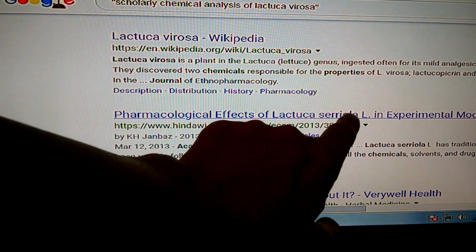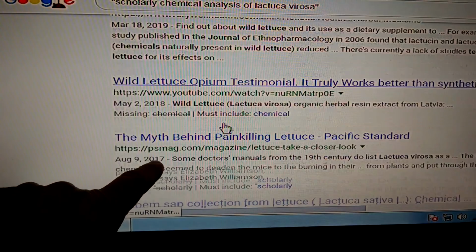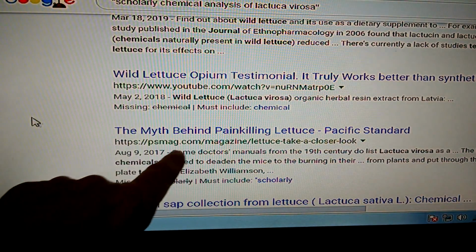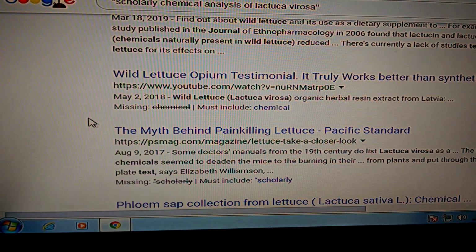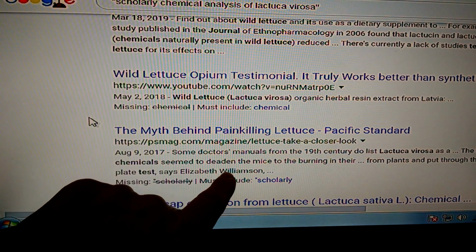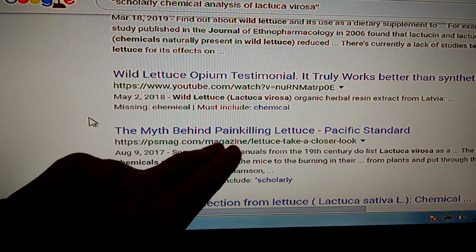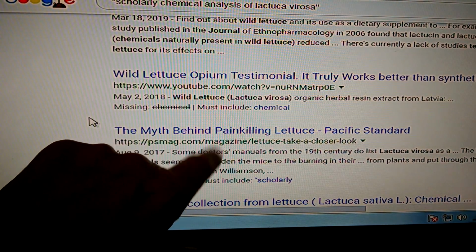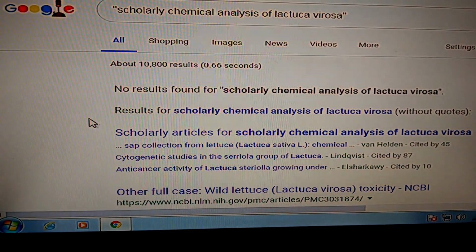Pharmacological effects of lactuca, what we should know about it, testimonial. This one is a myth because I have read this, but this was paid for by a pharmaceutical company.